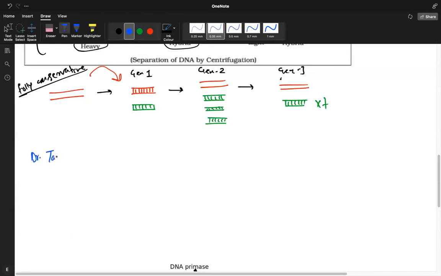So Dr. Taylor and colleagues, they basically repeated the same experiment that Meselson and Stahl did, a very similar experimental setup, but instead of using a heavy isotope, they used a radioactive thymidine.